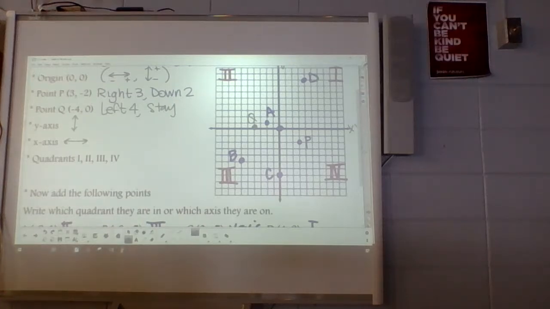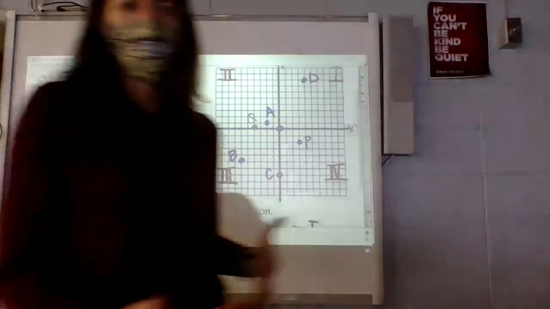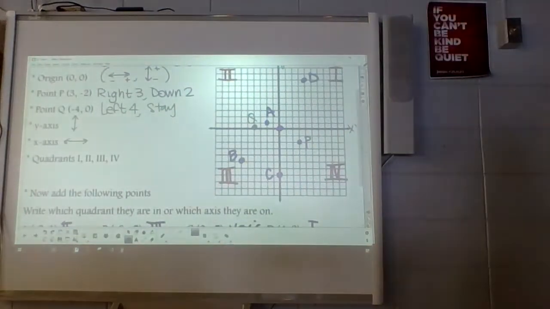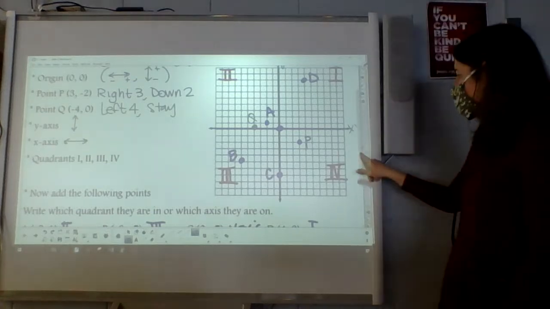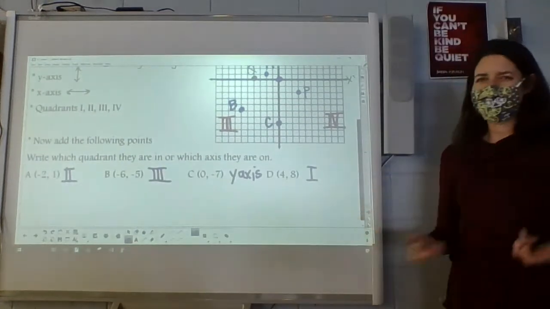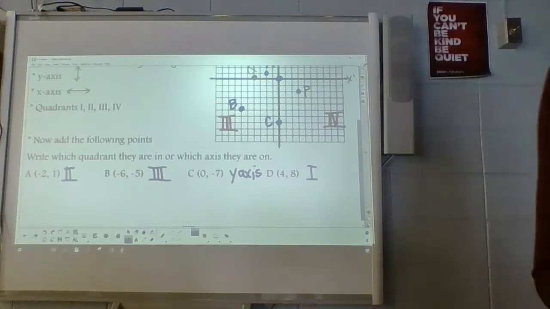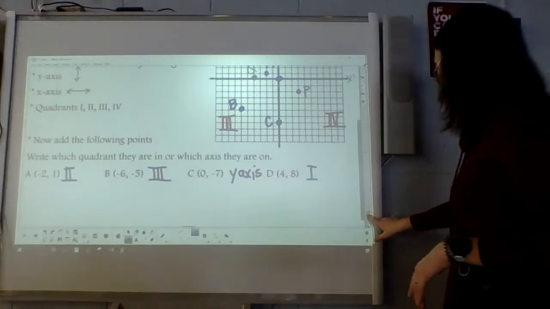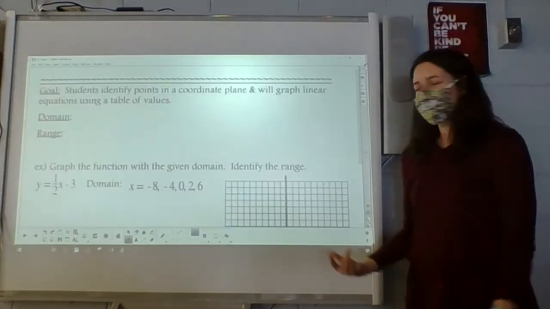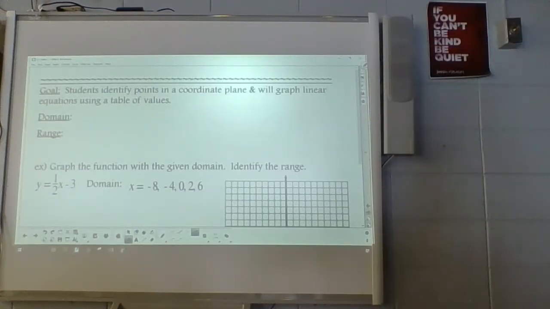If you're ever at home and you don't have it, don't not do your homework because you don't have graph paper. I'm not going to be super picky about that, but I'll always provide it for you as well. And there will always be graph paper posted on Schoology. So if you have a printer and are able to print it, otherwise maybe even have a notebook of graph paper. Maybe that's just my house because I'm a math teacher, but we have graph paper at our house. So, dorky math teacher problems with poor kids.